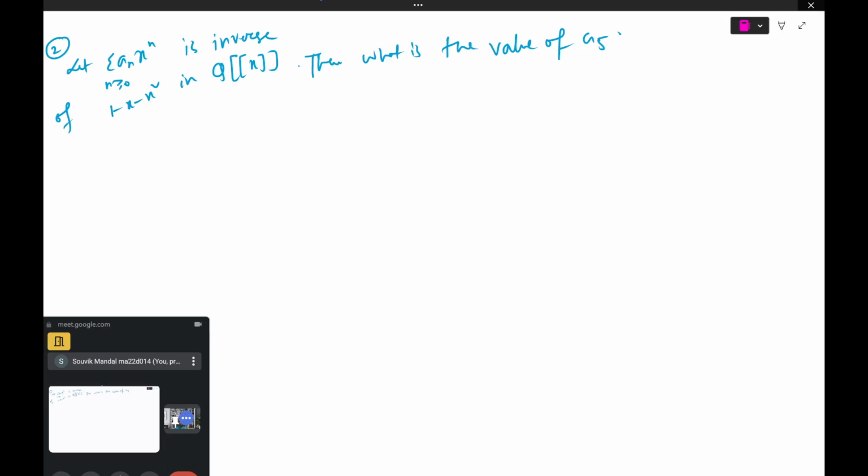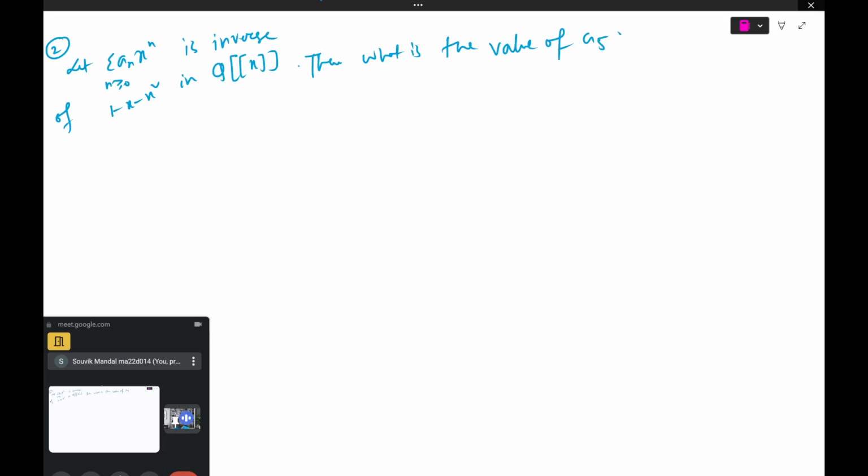Then what is the value of a5? So how to do this?